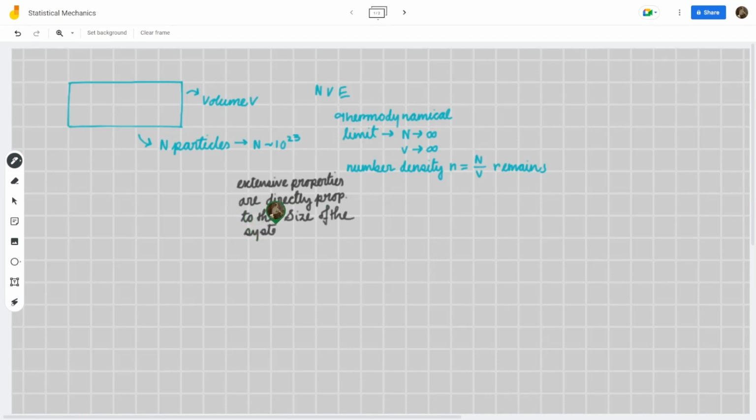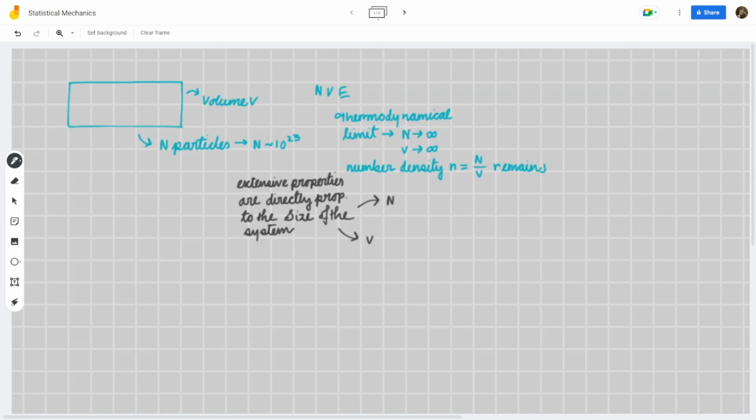And the size is defined by N, the total number of particles in the system, and V, the volume of the system. It is experimentally observed, of course.